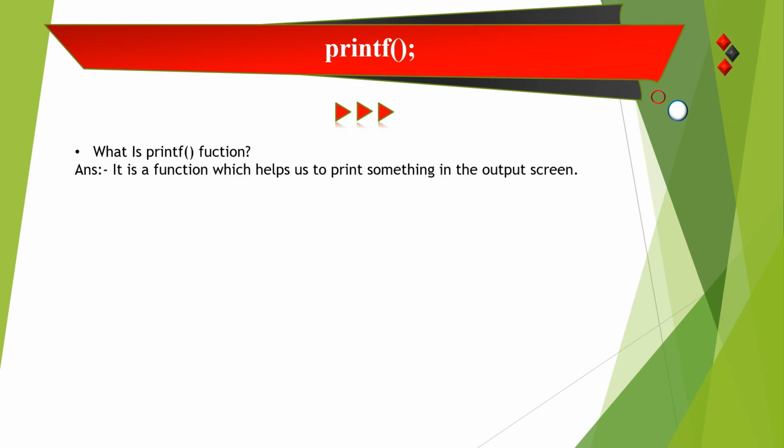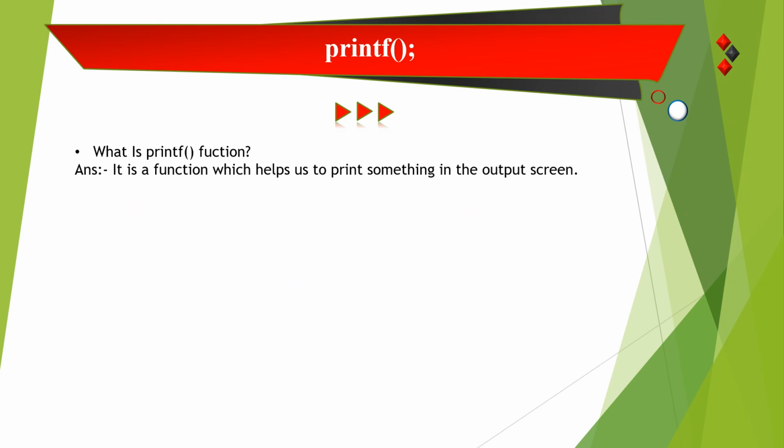You can see it also in the slide, but the question arrives that why we need to print something in the output screen. So the answer is very simple. Think like that you are a very judgmental person, so you are doing something using a program, but you are not sure if the computer is giving the correct answer or not, or it may be that your program is not perfect, so it may give an error.